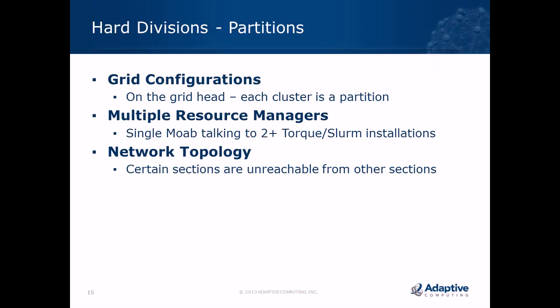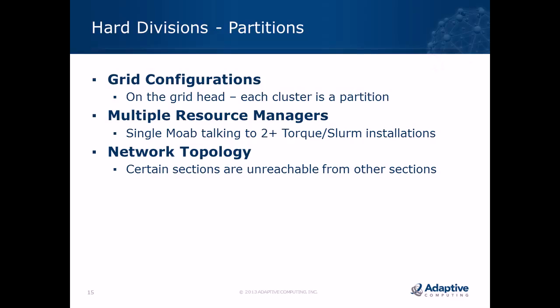This can also be because of network topology, and that usually also means a grid configuration where you have nodes in one section of the system that cannot communicate with nodes on another section of the system. So a network topology might be another reason to use partitions on the system. Other than that, there tend to not be very many reasons to use a partition.